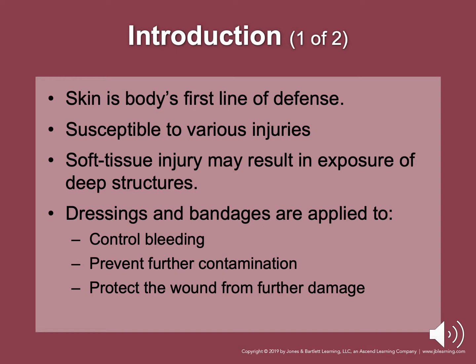It is susceptible to various injuries, and a soft tissue injury may result in exposure to deep structures such as your bones. Dressings and bandages are applied to control bleeding, prevent further contamination, and protect the wound from further damage.